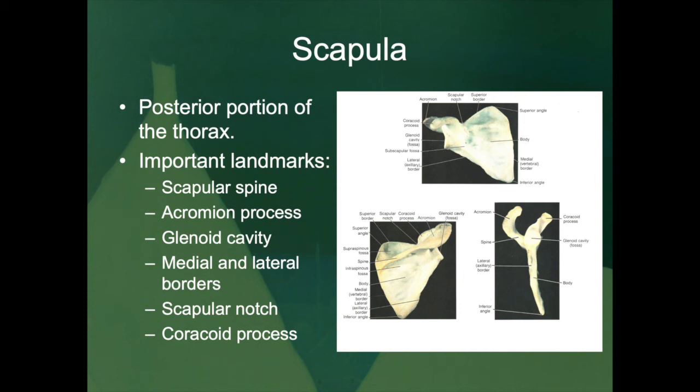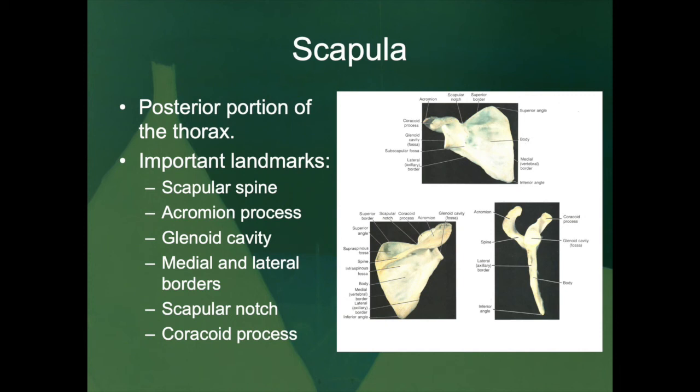The notch, in a sense, permits passage of the suprascapular nerve. So this notch has a function, and it allows for the navigation and, of course, the protection of that suprascapular nerve as it moves through that region.